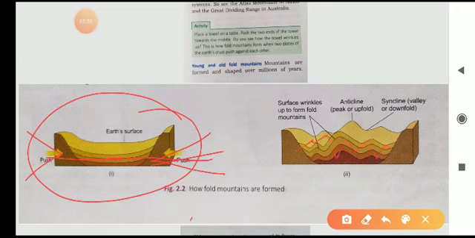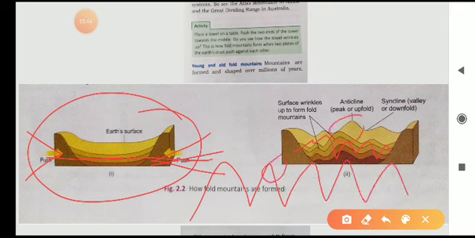Now the upward portions of the wrinkles are called, what is that? Anticlines. And the downward portions are called synclines. The upward portions are called anticlines and the downward portions are called synclines. Okay.